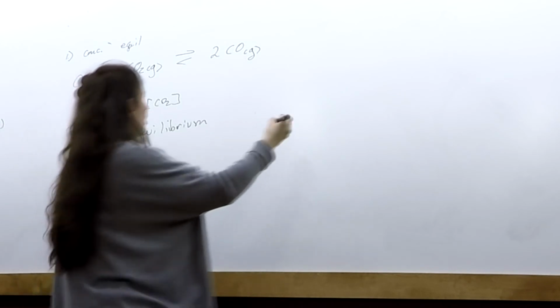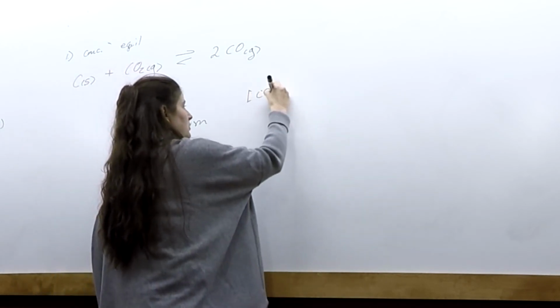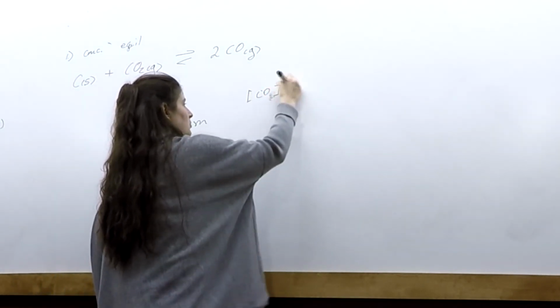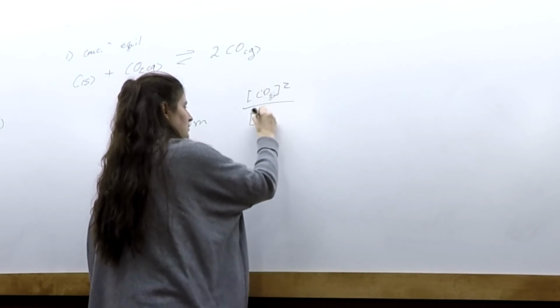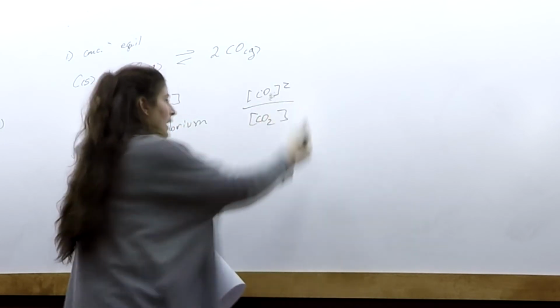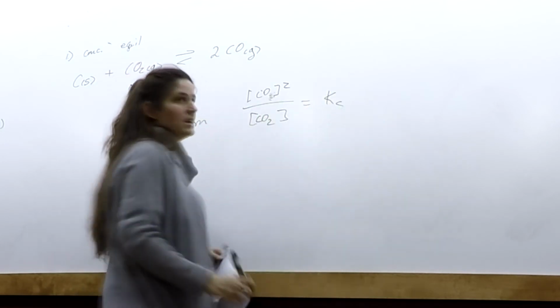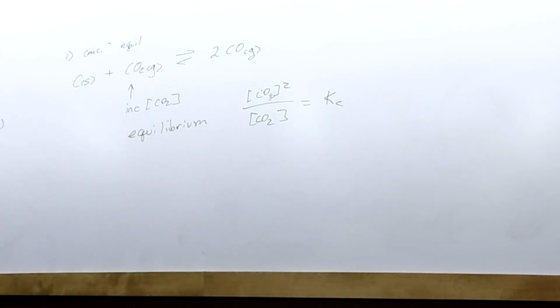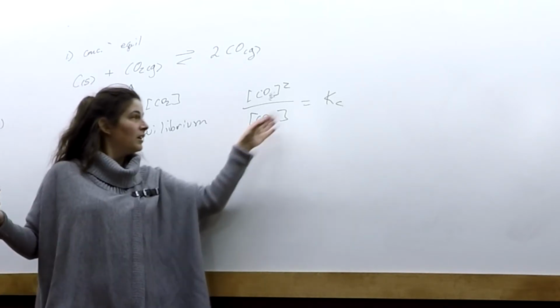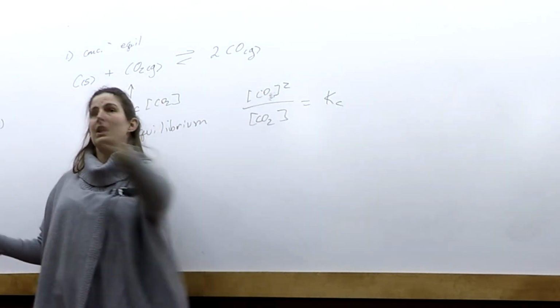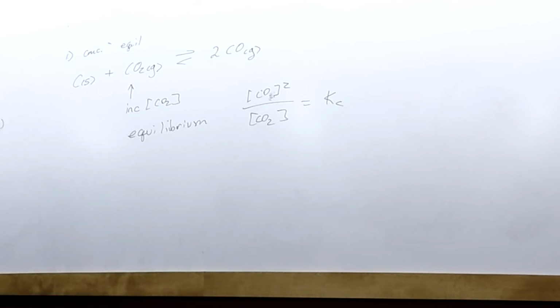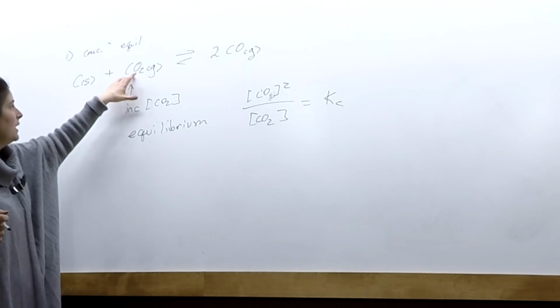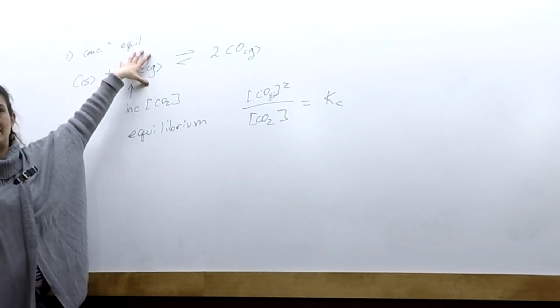Okay, well, our equilibrium has to do with CO squared over the concentration of CO2, and that is a constant, right? So if we increase the CO2, this is going to shift to get back to equilibrium. So here we have CO2, and now we have a whole bunch of this.